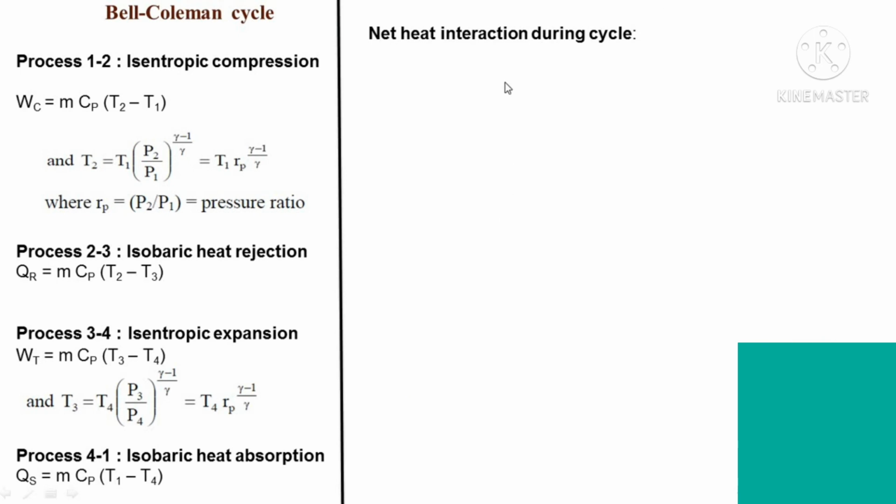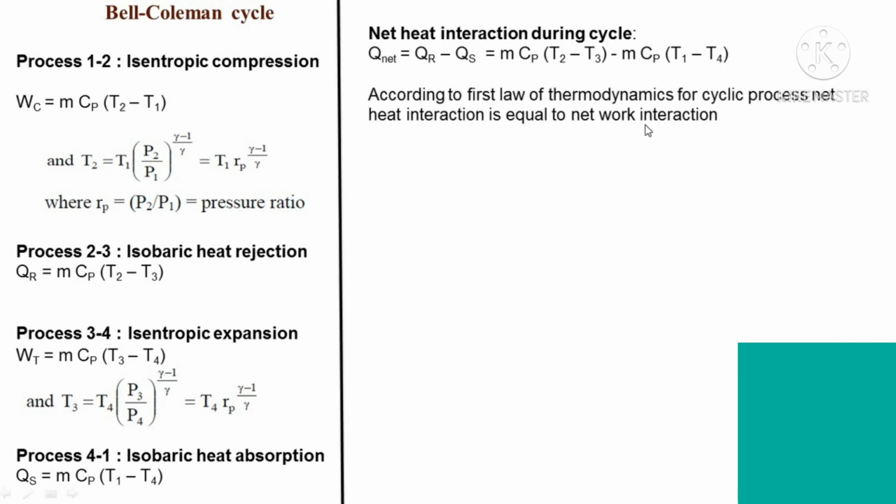Now we have to find out net heat interaction during the cycle, that is Q net equal to QR minus Qs, that is mCp (T2 minus T3) minus mCp (T1 minus T4).